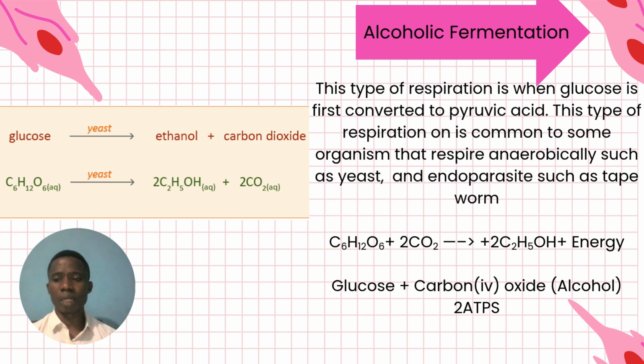In simpler terms, yeast eats sugar and in the process produces alcohol and carbon dioxide gas. This is why alcoholic drinks like beer and wine are made, and why yeast is used in baking to make bread light and airy.